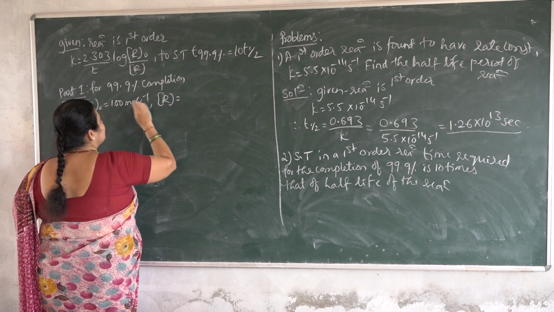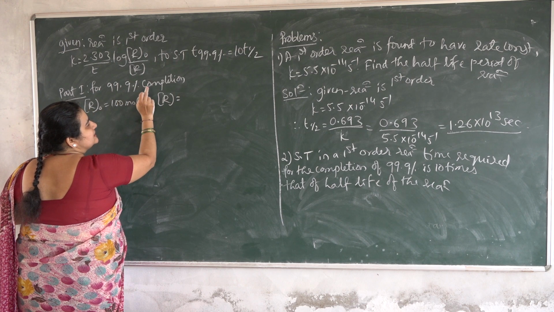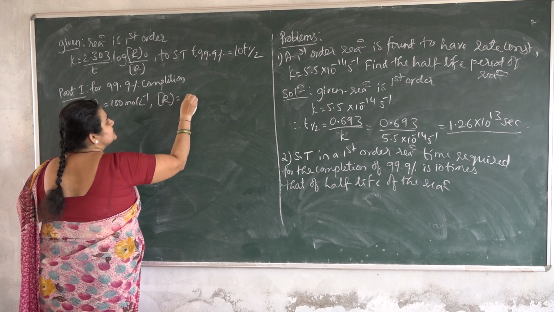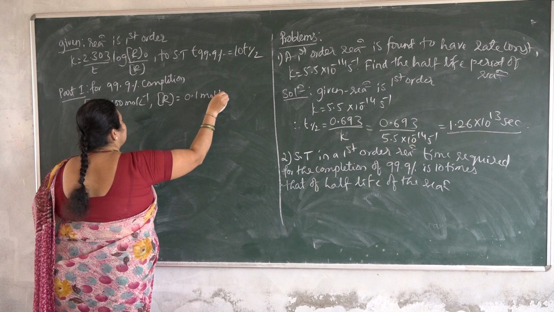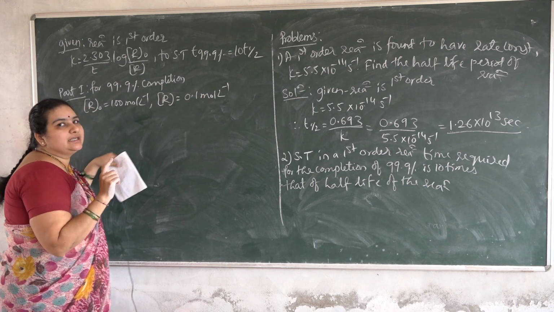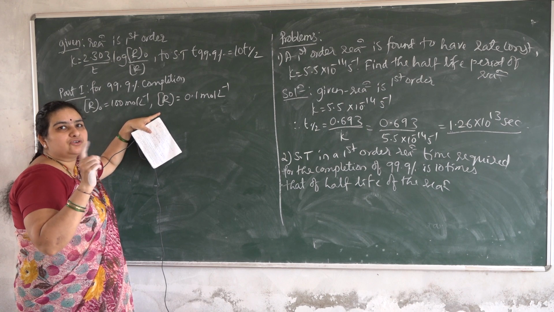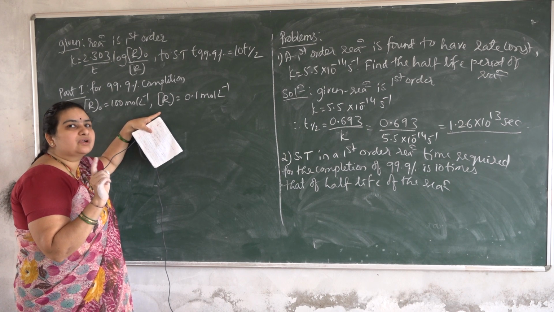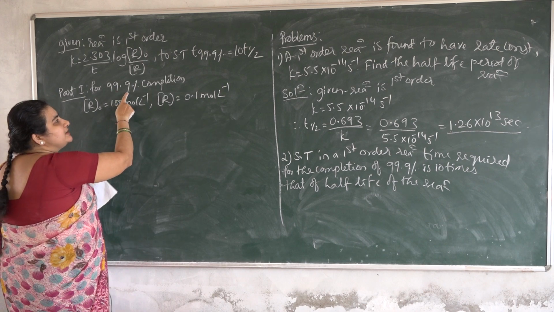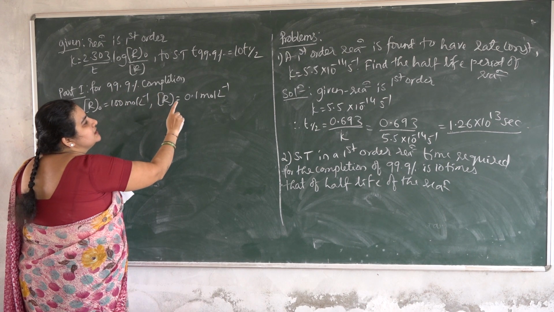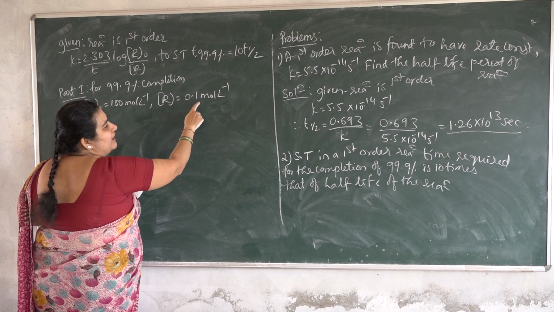The concentration of R: 99.9% is completed, so the remaining is 0.1 moles per liter. Remember, in this problem you are writing the remaining concentration, not the reactant concentration. Okay. So here 99.9% is completed, so the remaining will be 0.1 moles.